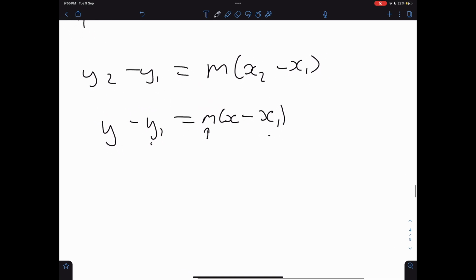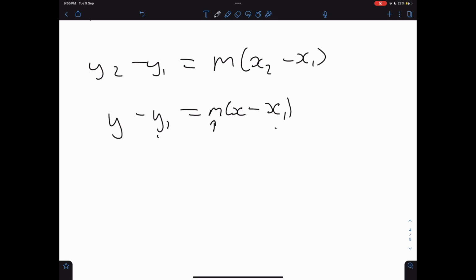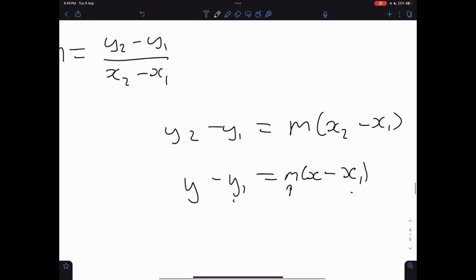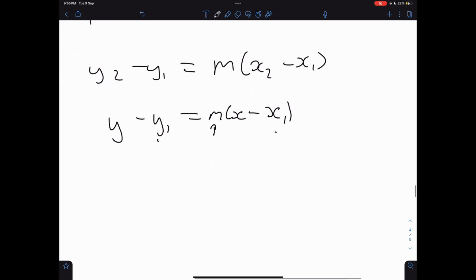And this essentially works because for any 2 points on the line, if you divide y2 minus y1 over x2 minus x1, you get the same gradient. So as long as you've got 1 point ready there, you know you can express it as any y and x, which is why you can use it to express the whole line.